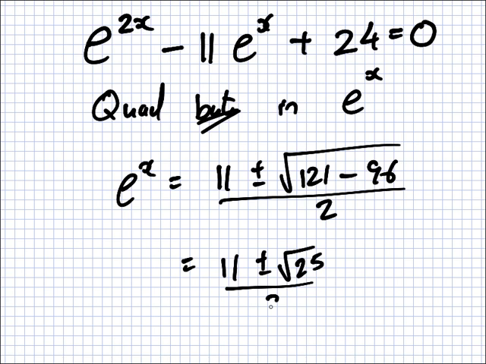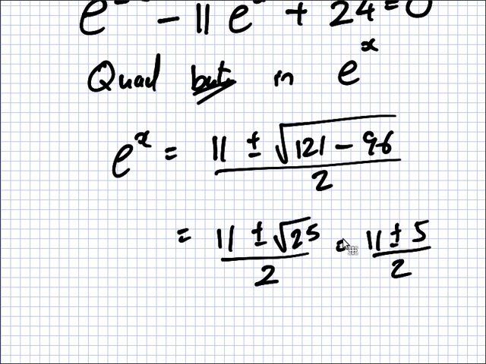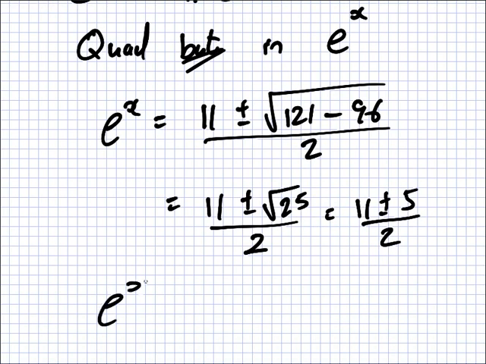Oh, actually I could have factorized this, it doesn't matter. So that's 11 plus or minus 5 over 2. So you have two answers here. Either e^x equals 11 plus 5 is 16, 16 over 2 is 8, or e^x equals 11 minus 5, which is 6, over 2, which is 3.